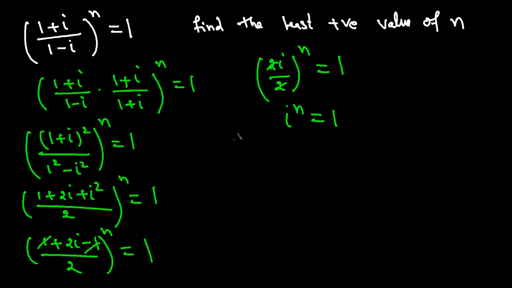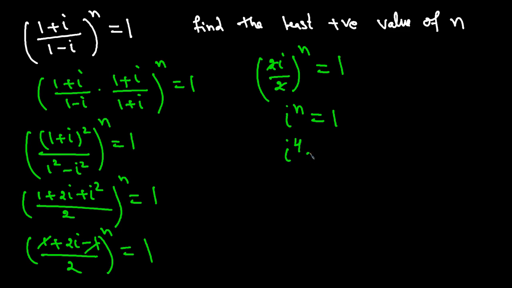And that is the case when n is a multiple of 4, right? So if n is 1, then it is just iota. If n is 2, this gives me iota square, that gives me -1. That is not equal to +1 here on right hand side. If we plug in n is equal to 3 here, that is going to be again negative iota. How about if I plug in n is equal to 4 here, what will happen?